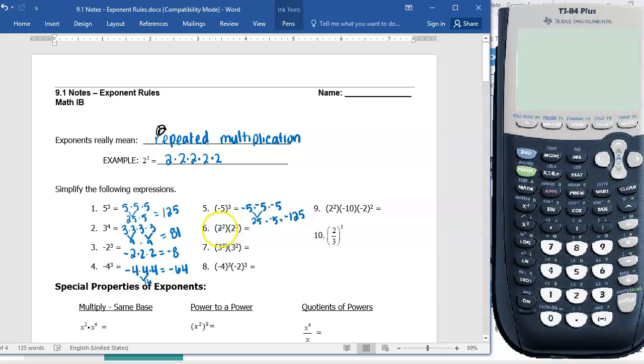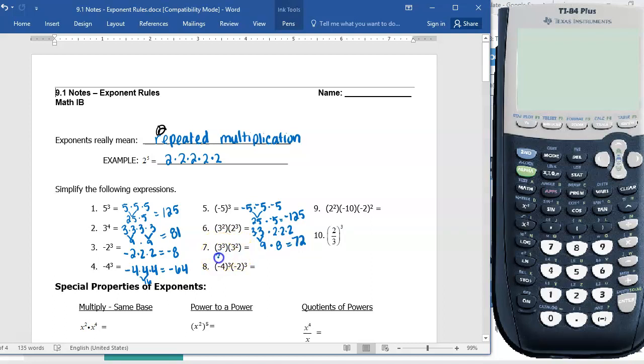Okay. 6, this is 3 squared, so 3 times 3 times 2 to the 3rd. 2 times 2 times 2. So 3 squared is 9, and 2 times 2 times 2 is going to give you 8, and 9 times 8 is 72. Okay. For this one, let's use a little shortcut here.